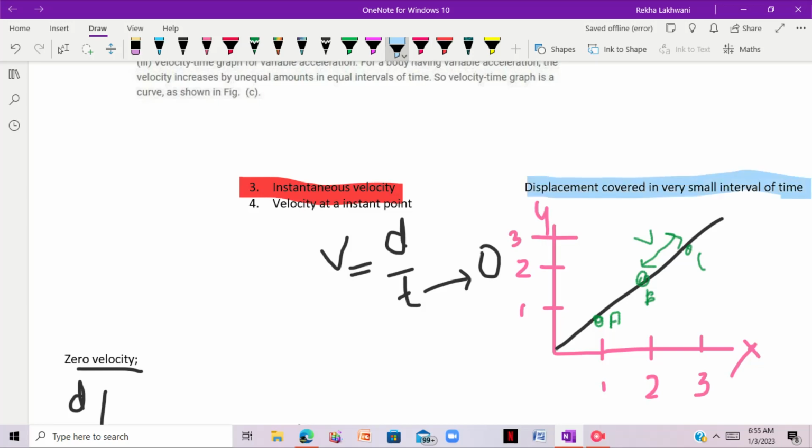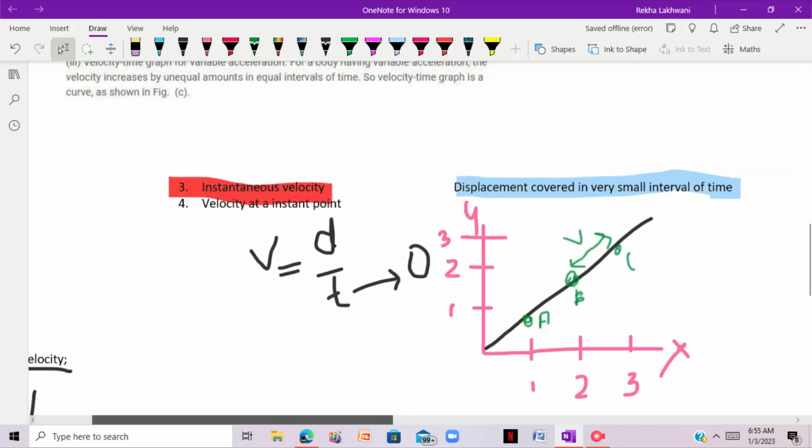I want the velocity between these 2 points. Now how will I find it? I will find it with the help of slope. Now I want the slope between point B and C, right?